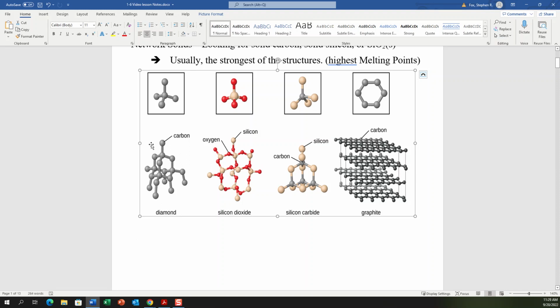So carbon is in a tetrahedral structure, a bunch of carbon atoms tetrahedrally bonded to each other in 3 dimensions. And notice silicon dioxide is a little bit similar. Here's an alloy of silicon and carbon, silicon carbide. So all of these would be networks. What network means is this carbon is bonded to 4 carbons, and those carbons are bonded to 4 more carbons. So each atom has a network, and it's spread.